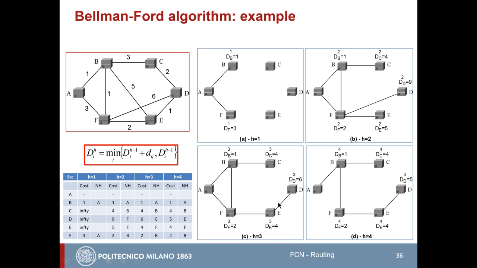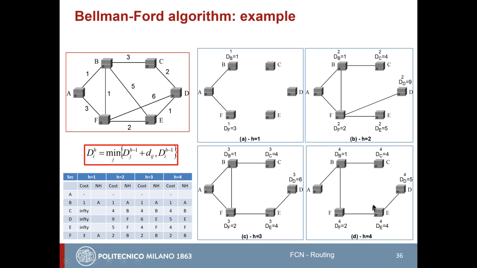Okay, 3 hop path. And then if you look at step 4, now the path connecting D to A is A, B, F, E, D. It's a 4 hop path, okay? Because each time you add another step, the horizon of the topology that has been discovered increases by one hop.